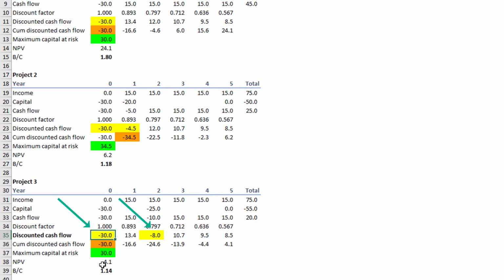Project 3 falls along the same lines except that the negative cash flows occur in period 0 and period 2 in cells C35 and E35. Note that the positive cash flow in year 1 in cell D35 more than offsets the negative cash flow in year 2.